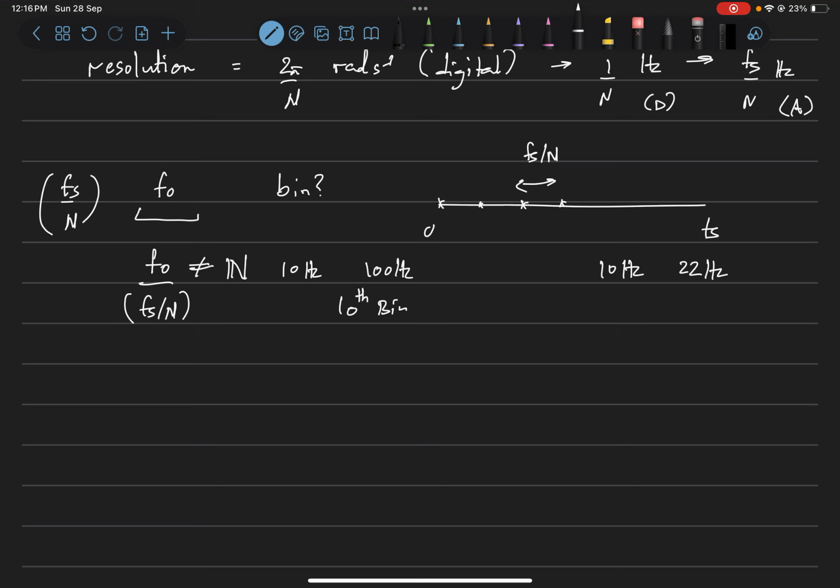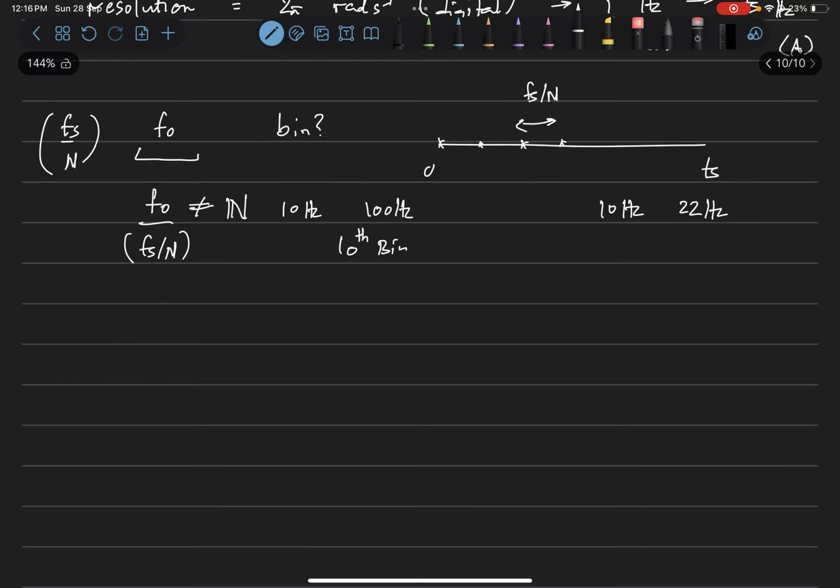So now when you calculate the bin, it will come out to be 2.2, because this is 0, this is 10, this is 20, and this is 30. So 2.2 will be somewhere in between this, because 22 hertz will be somewhere in between this.